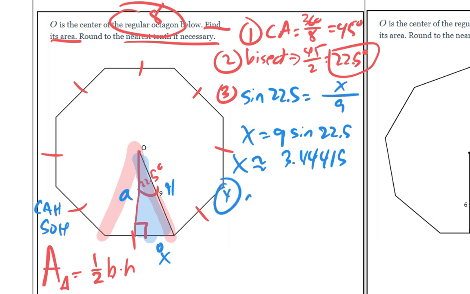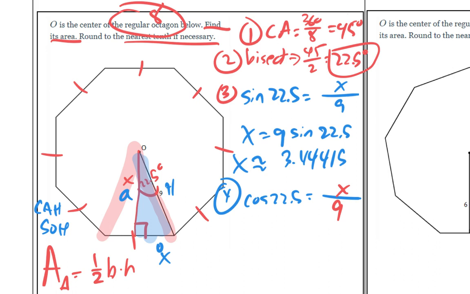Now we're going to say cosine of 22.5 is equal to the ratio of adjacent over hypotenuse. Adjacent, now this is my new x. I'm going to change that to a red color because that's my new x I'm trying to find. And our hypotenuse is 9. So our new x over 9.